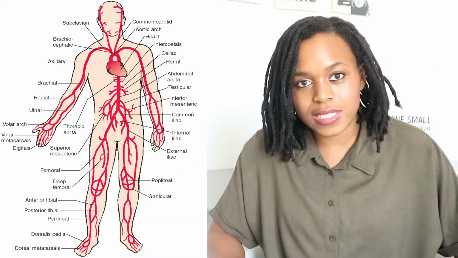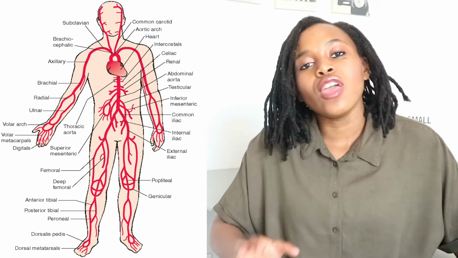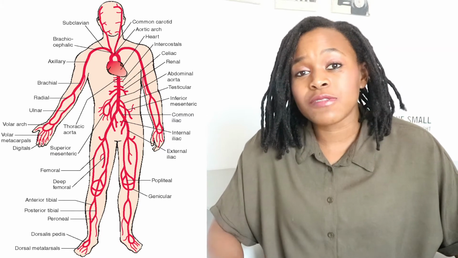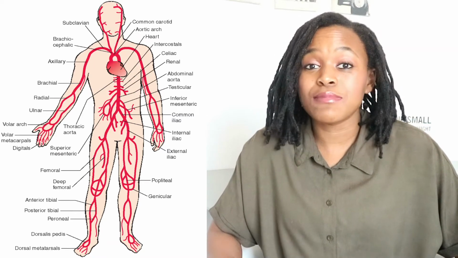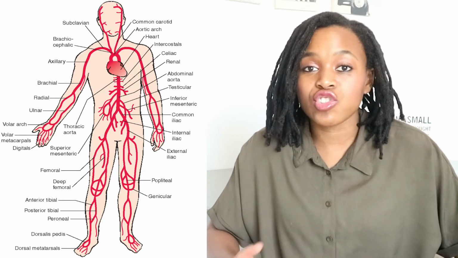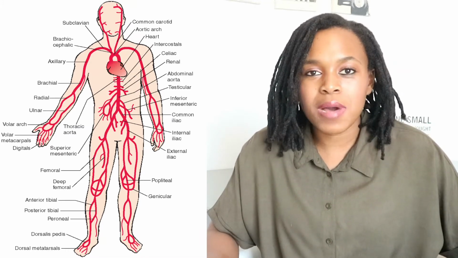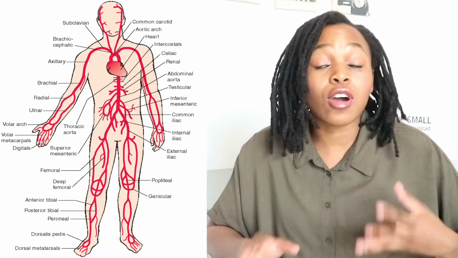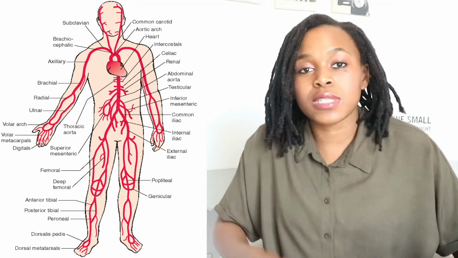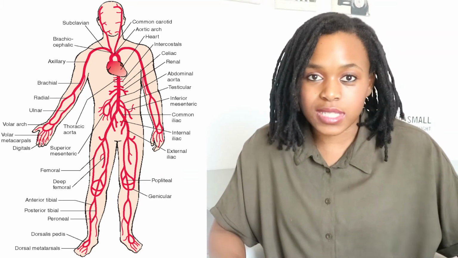So the way that the nutrients and oxygen travel in the body is through blood in specific blood vessels known as your arteries. Now, your arteries are made up of specific muscle that allows them to expand and to contract depending on how much nutrients and oxygen is needed by a specific organ system at a specific time.